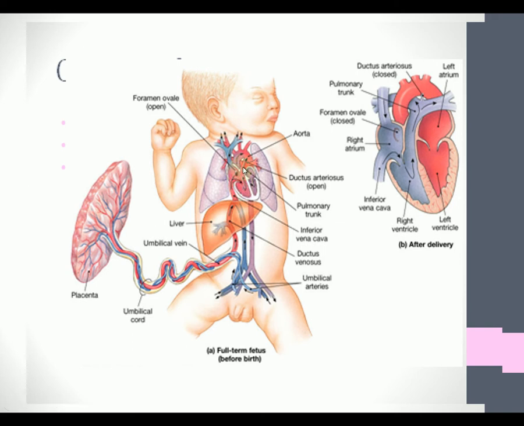And then this blood is going to go up into the aorta, and it's going to bypass the lungs simply because we have the ductus arteriosus here. It's open. Right here is where we're looking at our ductus arteriosus.